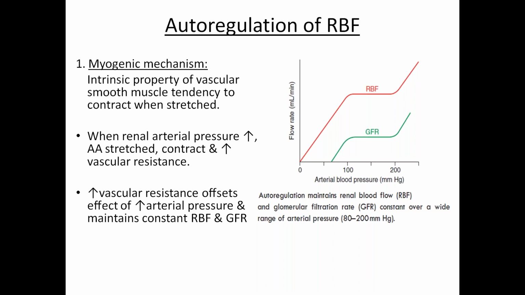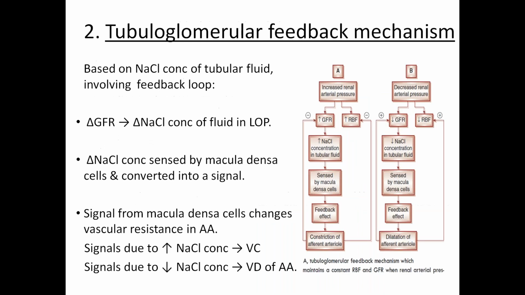So now I had spoken to you earlier about something called autoregulation. What is that? Basically, your renal blood flow and GFR remain constant over a wide range of renal arterial pressures, which is around 80 to 200 mm of Hg, due to an intrinsic mechanism known as autoregulation.